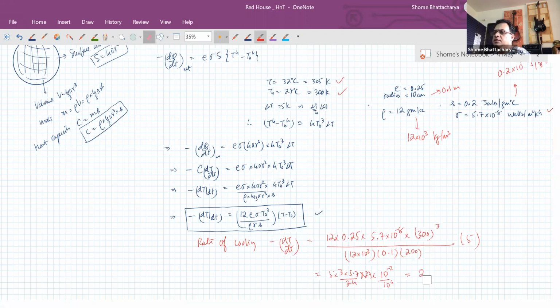So I'm getting something like this, 9.62 approximately, into 10 raised power minus 5 Kelvin per second.